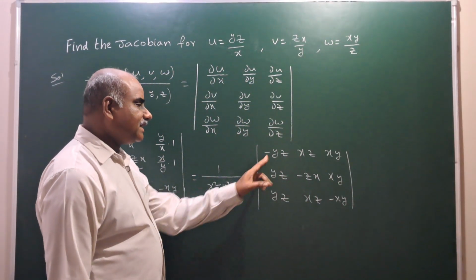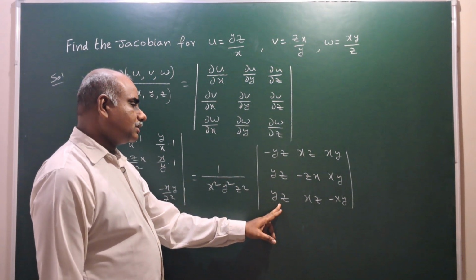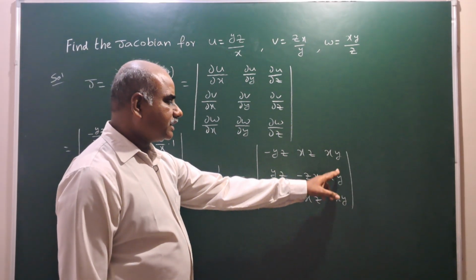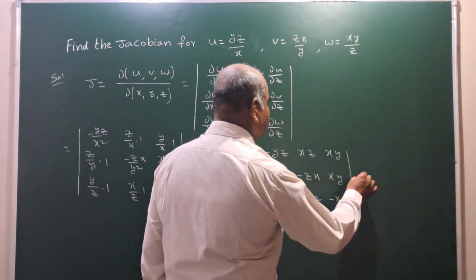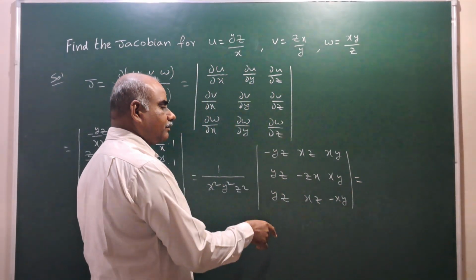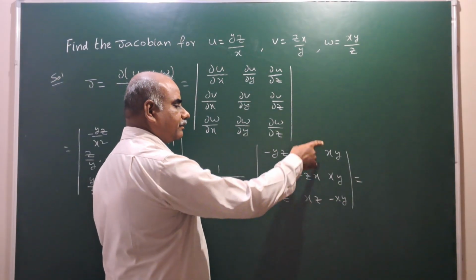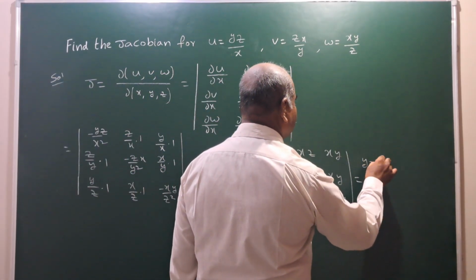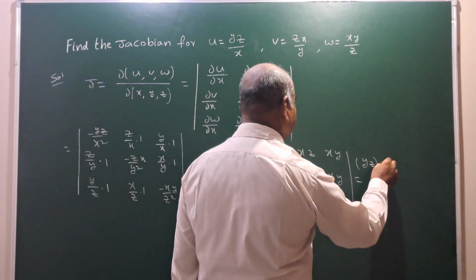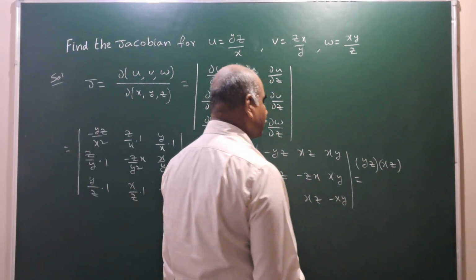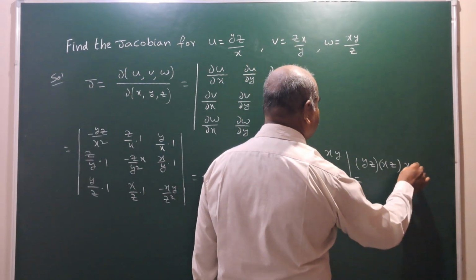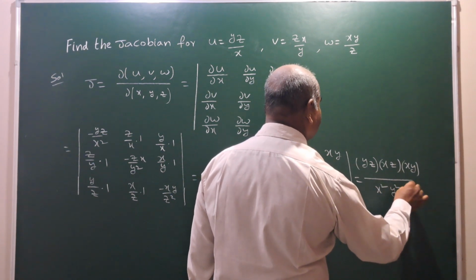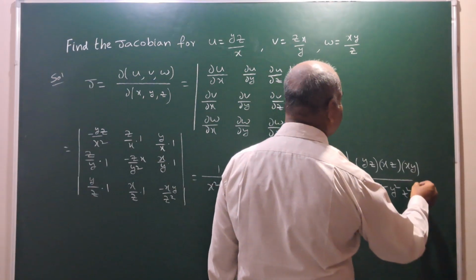Now we take yz as common from the first column, xz as common from the second column, and xy as common from the third column. Okay. Therefore, yz from the first column, xz from the second column, xy from the third column. The denominator contains x square, y square, z square.